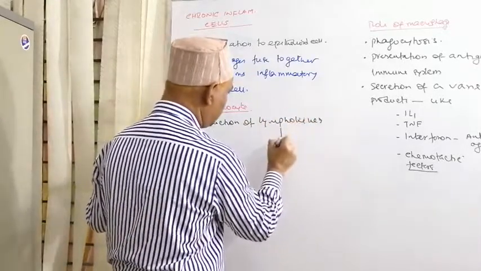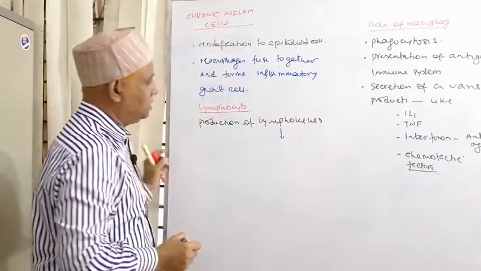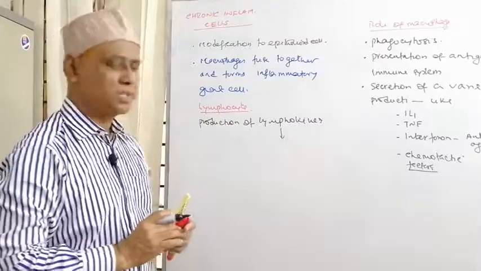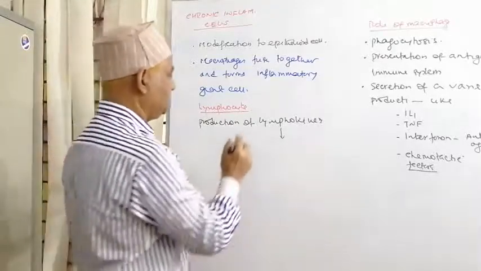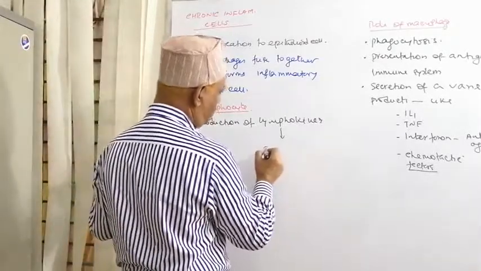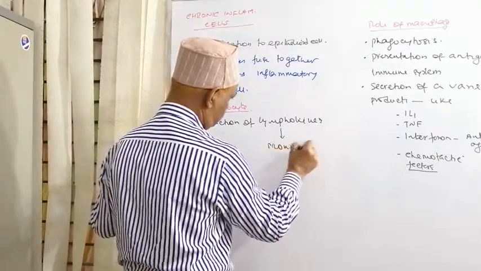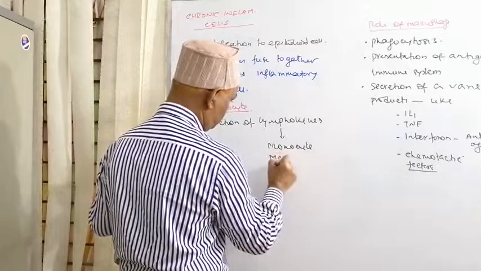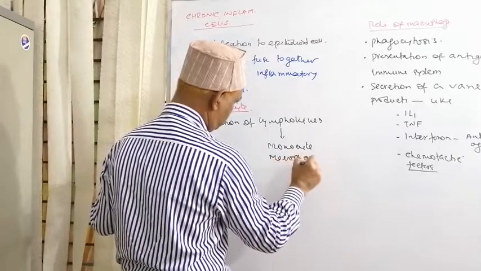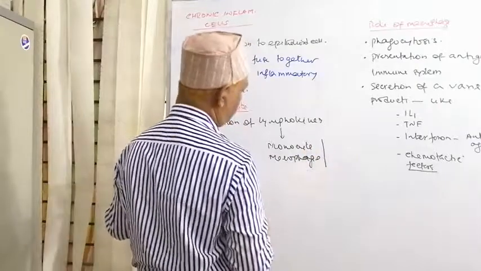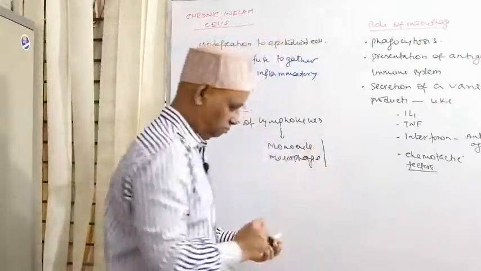And these lymphokines are associated with activation or stimulation of monocytes and macrophages. This lymphocyte stimulates or activates monocyte and macrophage. So these cells are stimulated by lymphokines.